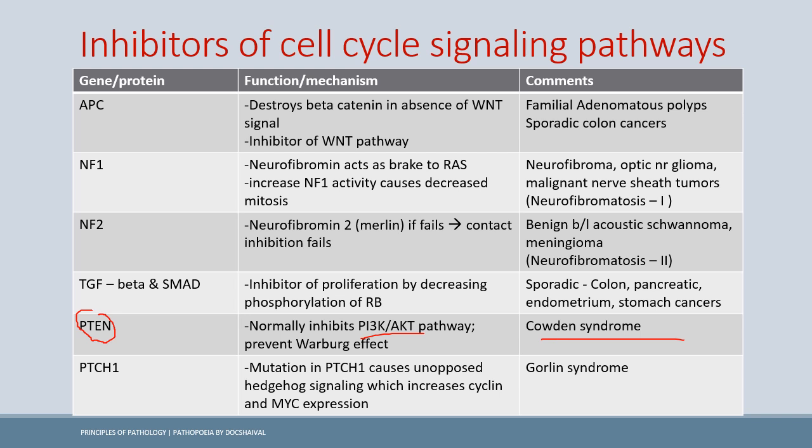Now there is also the PATCH1 gene, which causes unopposed hedgehog signaling that increases MYC and cyclin expression. When MYC and cyclin expression are increased, they cause cancer because they increase proliferation. Hence a mutation in PATCH1 would cause a syndrome called Gorlin syndrome.